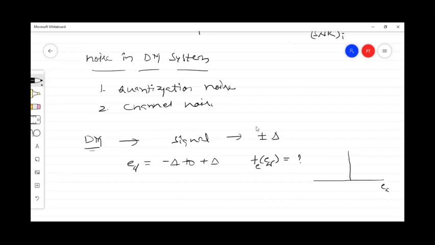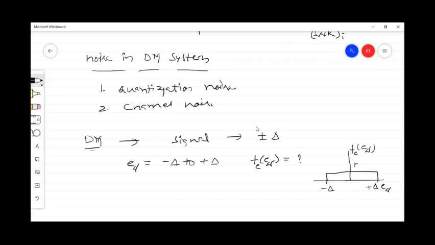So this is the quantization error component, and it is changing from minus delta to plus delta, with a constant probability density function.